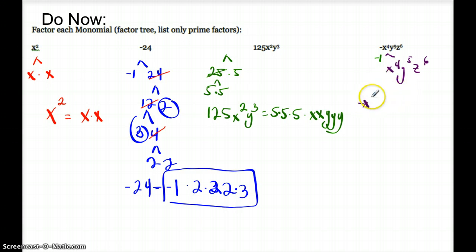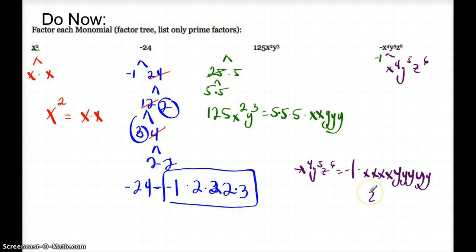I'll list that all together with its factors as negative 1 times x, 1, 2, 3, 4, 5 y's, and 6 z's. Okay, prime factorization, very important.